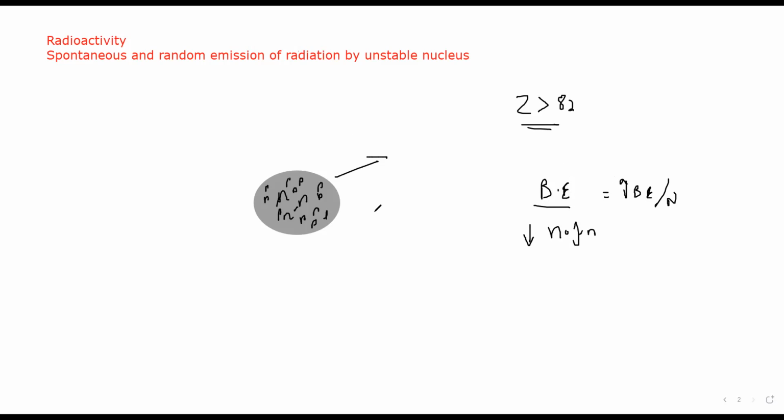That's why radioactive nuclei start to emit particles and radiation. When two protons and two neutrons come out, we call that alpha. When an electron comes out, we call that beta. And when energy is released by the nucleus, we call that gamma.